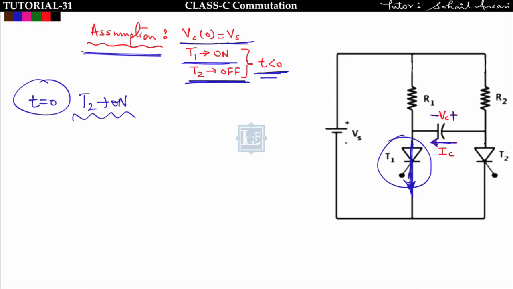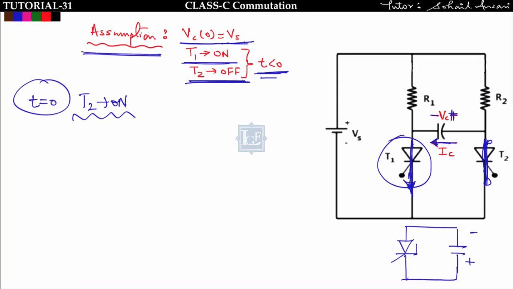So the moment I trigger this thyristor T2, you can see that the positive plate of this capacitor is connected to the cathode of T1. This is T1. Now when I trigger T2, it will be shorted. So what is the capacitor voltage? The capacitor voltage polarity will be like this, plus and this is minus.